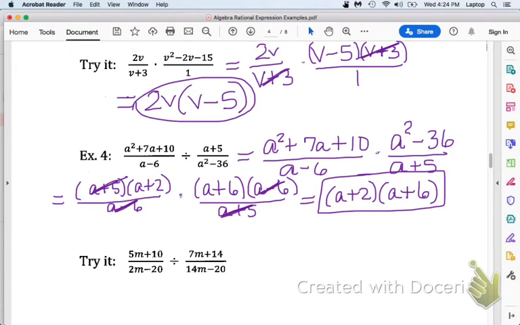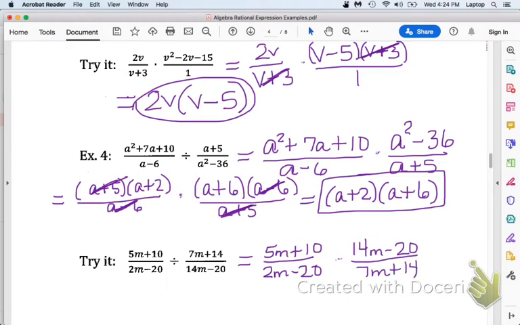Okay, again, you're going to want to rewrite it as a multiplication. So keep, change, flip. Keep the first fractional expression. All right, change to multiplication, flip the second. So we want the reciprocal of the second.